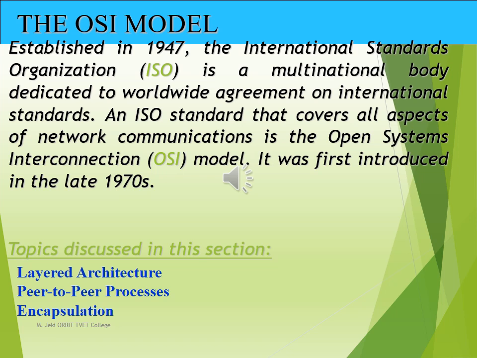Because of the need to standardize communication between devices or between computers, the OSI model was established in 1947. It is a multinational body dedicated to world agreement on international standards.